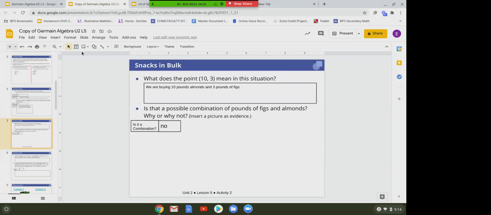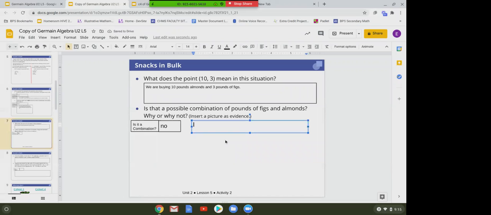So if you decided to go by that, looking at the graph, you can tell me in here, 10, 3 does not fall on the line. If you plugged it into the equation and solved to see if one side was equal to the other, then you could insert a picture of your work there, okay?